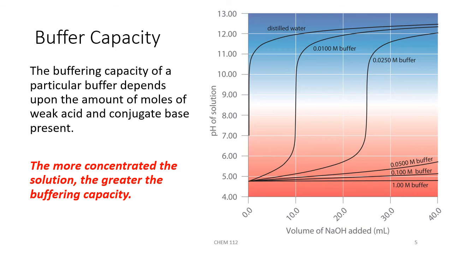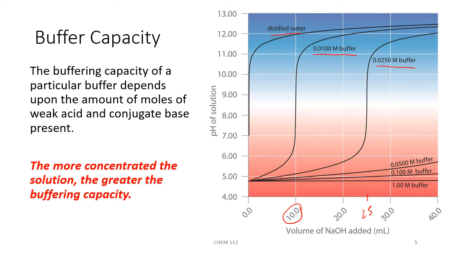So on the first one, we have distilled water, which we looked at on the previous slide, followed by 0.01 molar buffer solution. And that took approximately 10 milliliters for that buffer to break. And then we move on to 0.025 molar buffer solution. And that one took maybe about 25 milliliters for that buffer to break and the pH to shoot up.